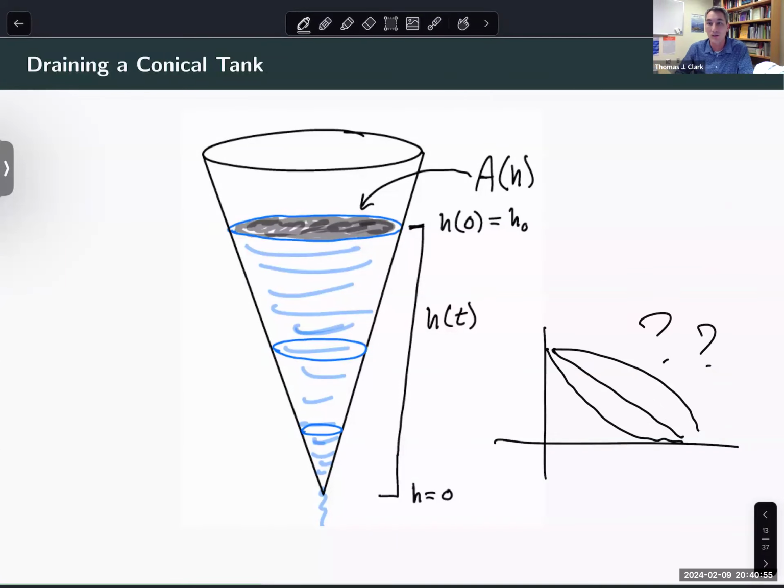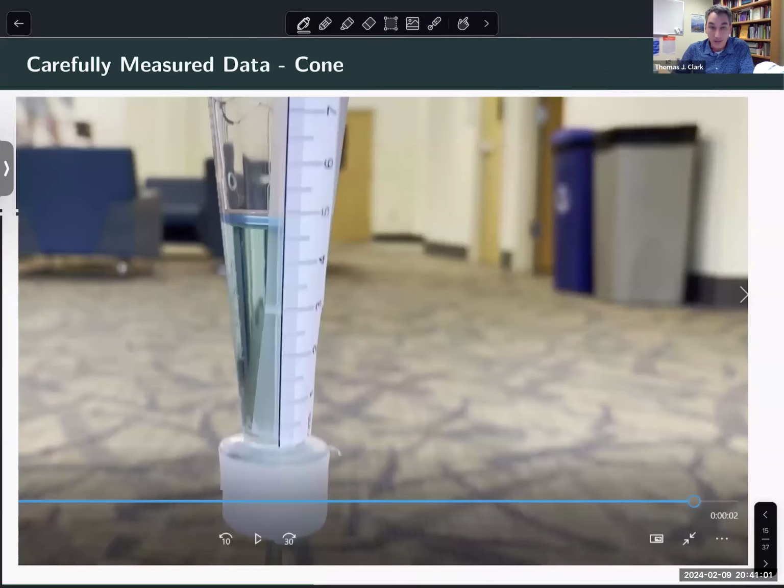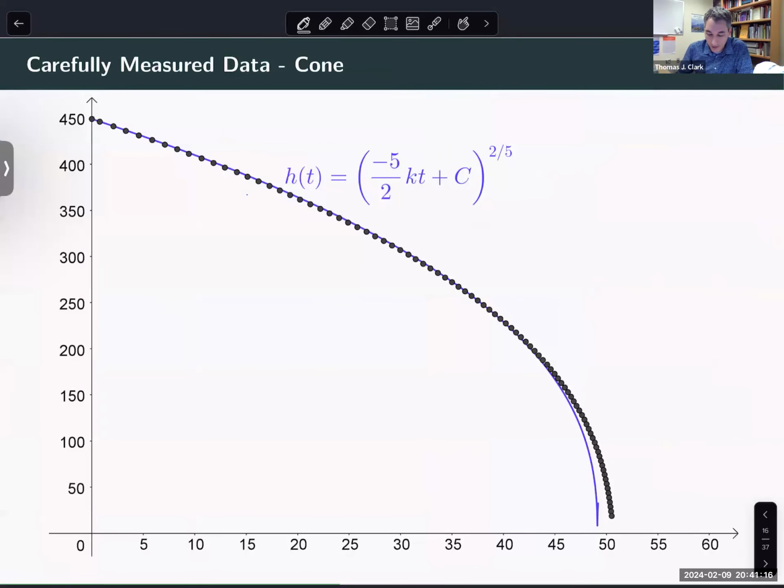You can buy a cone like this for $20 on Amazon, or if you don't want to, I've got the video. I did it, and I went through and got the data down to the millimeter and down to the second or half second, and the data set's posted and the videos are posted, so you can just show the video if you like. And what's really fun is, this would be the solution if you solve that separable differential equation.